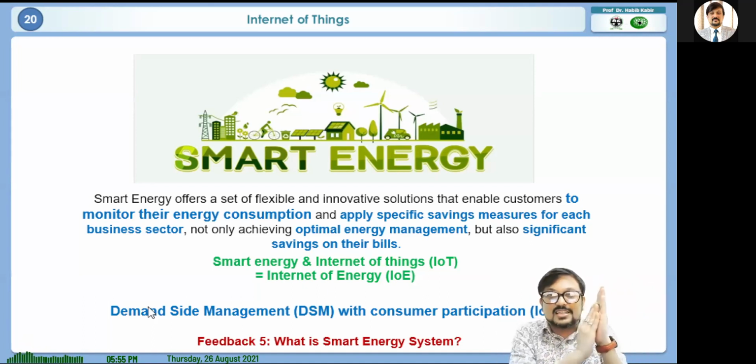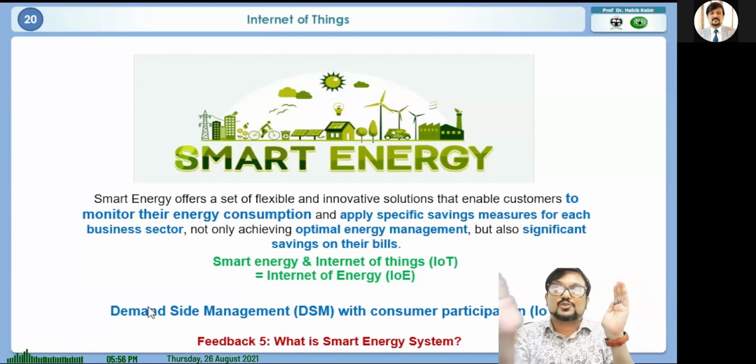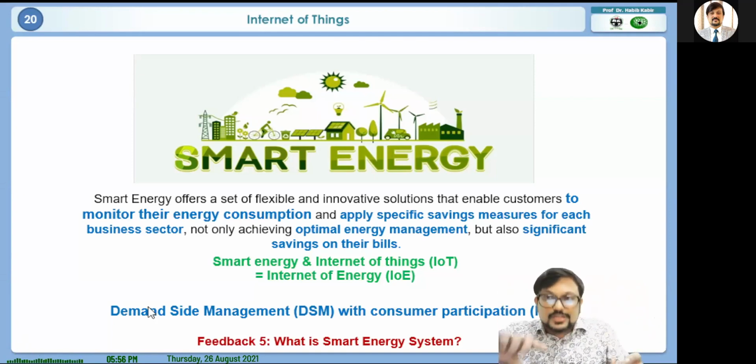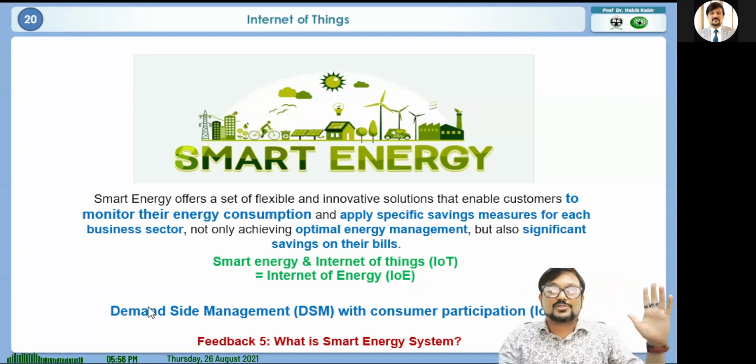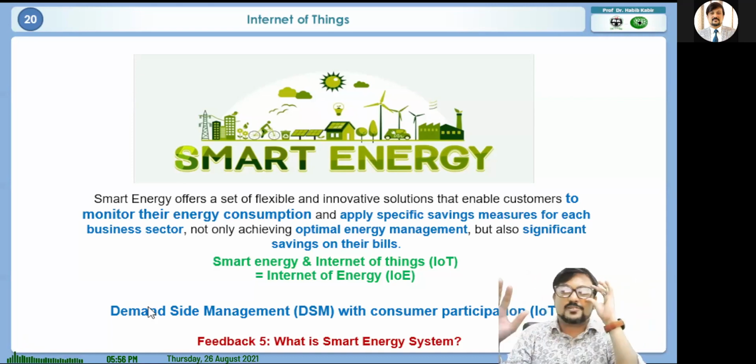The traditional demand side management is only one way, but the future, smart demand side management is two way. The consumer can say, yes, give me electricity and I will give you extra money. Actually not only in the future, because in our Azimpur we have this kind of smart grid.